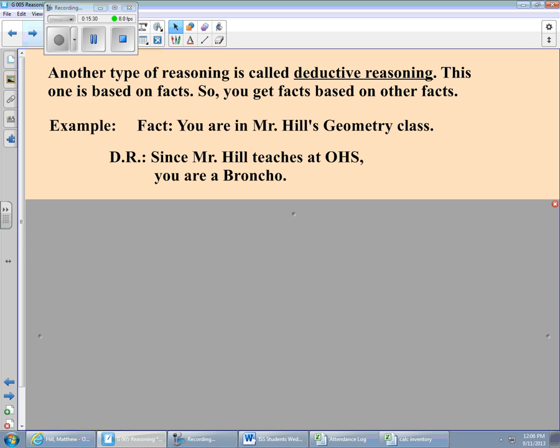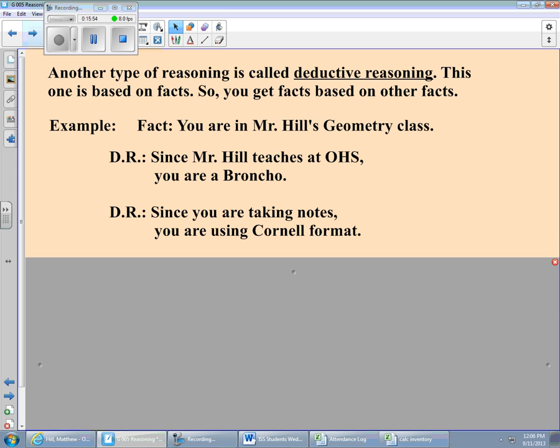That means you're a Bronco. That is deductive reasoning. The statement did not have anything to do with the mascot of your school, but based upon the information that you know about the original fact, you are able to safely arrive at that conclusion, and it is a true statement.